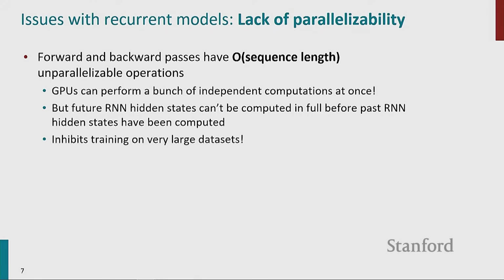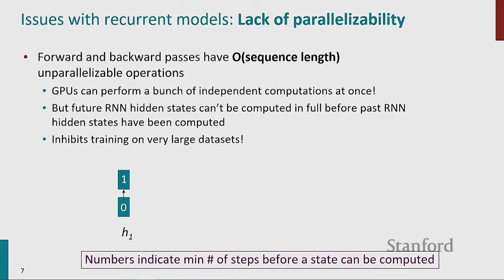And so you get this graph that looks very similar, where if I want to compute this hidden state, so I've got some word, I have 0 operations I need to do before I can compute this state. I have 1 operation I can do before I can compute this state. And as my sequence length grows, right, I've got 3 operations I need to do before I can compute the state with the number 3, because I need to compute this, and that.